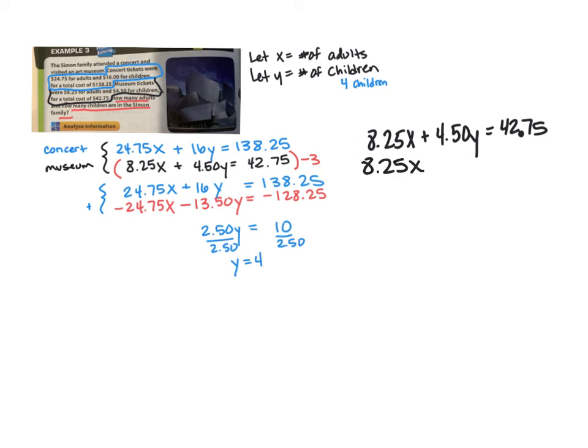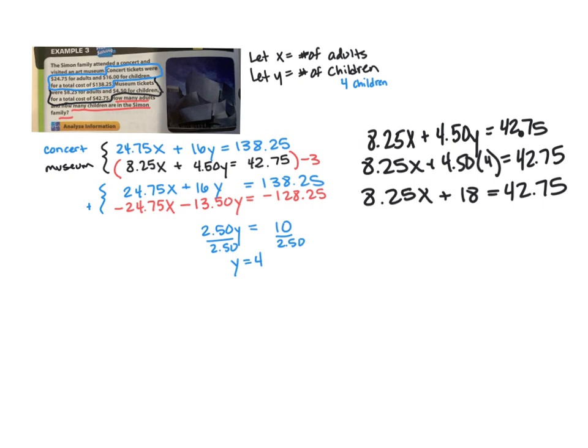So 825x plus 450 times 4 equals 4275. 450 times 4 is 18. Just bringing down the stuff I haven't done yet.